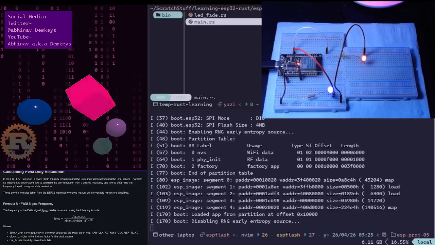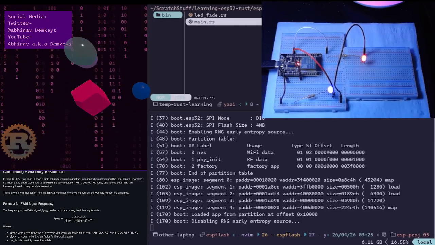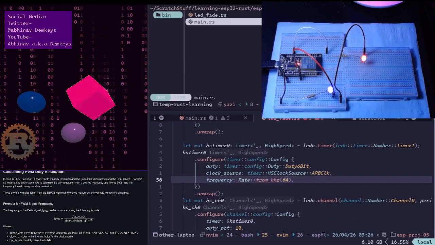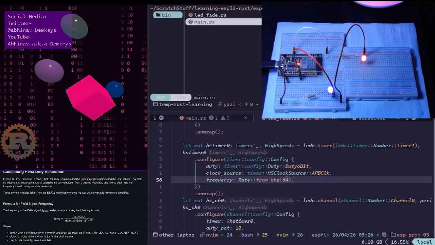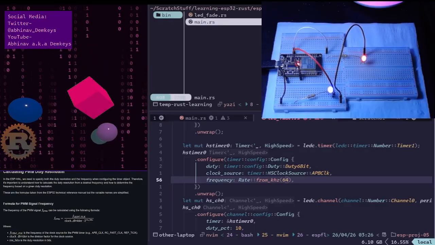So if we are saying this is okay, we've set a frequency of 64 kilohertz. So that's 64,000 cycles per second.